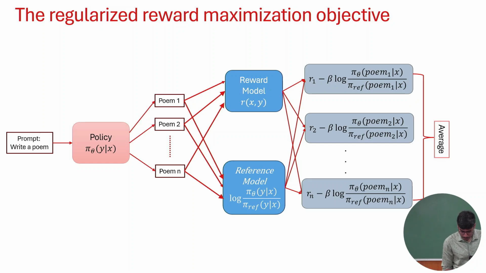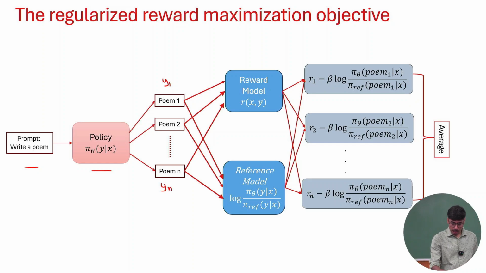So you have this policy, and there's a prompt that goes as an input to the policy, and you get a bunch of outputs. These are the y1 to yn, samples from the policy.